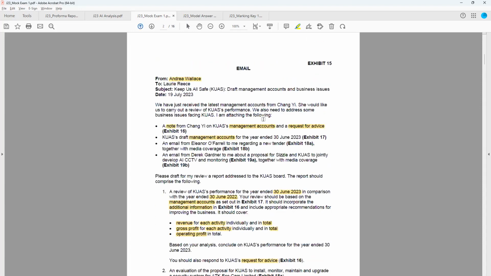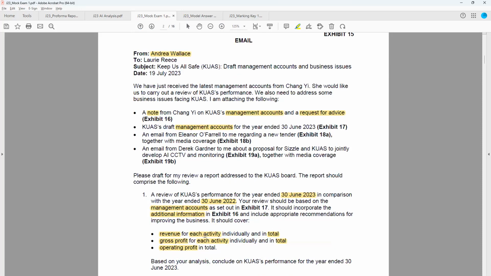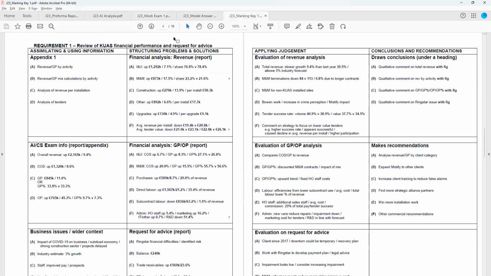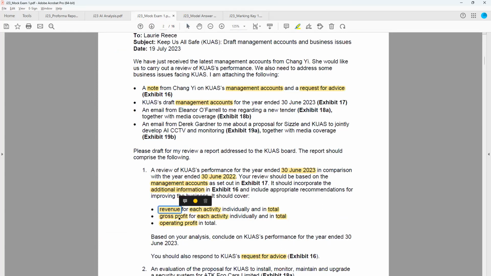So straight away, when I look at the requirement, I always think to myself, what will the marking key look like? I imagine this in my head, and I always think, what's this going to look like if we have to do revenue, gross profit, operating profit, and an additional piece of analysis?